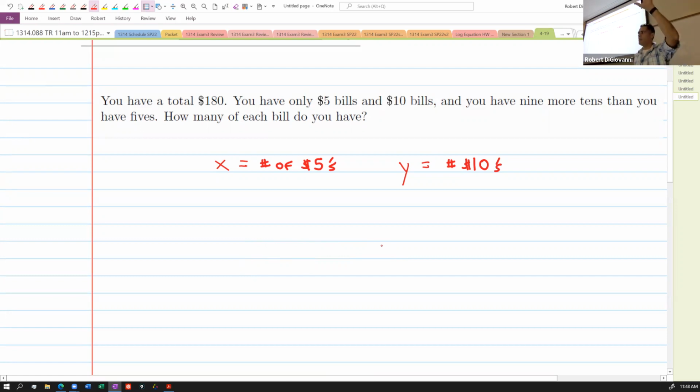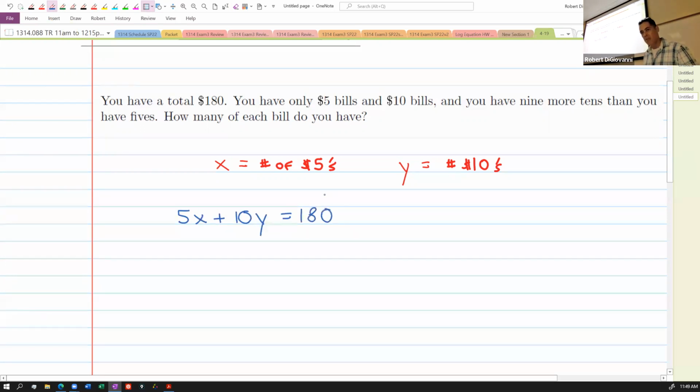How many of you did X plus Y is 180? It's okay if you did. So, who wants to share what equation they used? What did you have? 5X plus 10Y is 180.